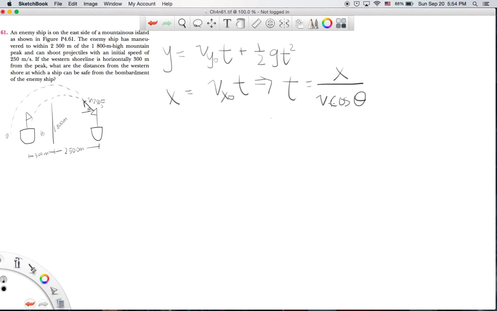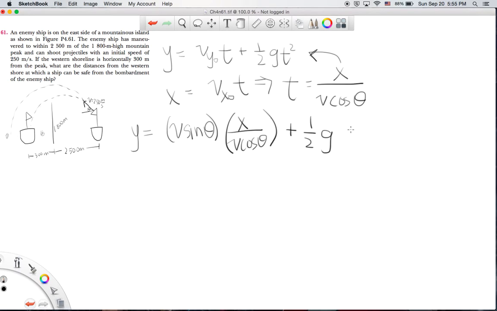So we take this equation and we plug it into the first one. So we get y equals v sine theta times x over v cosine theta plus 1/2 g times x over v cosine theta quantity squared.